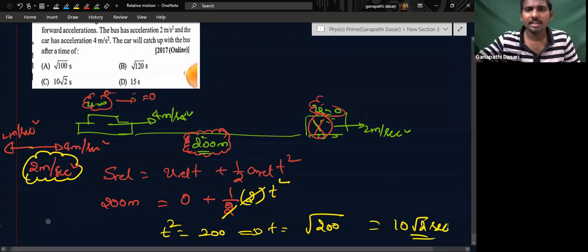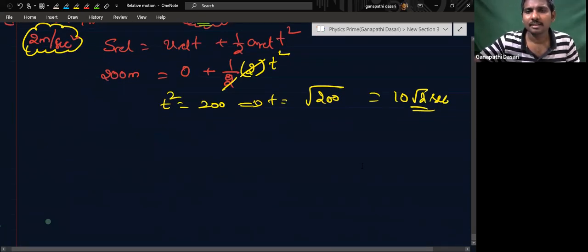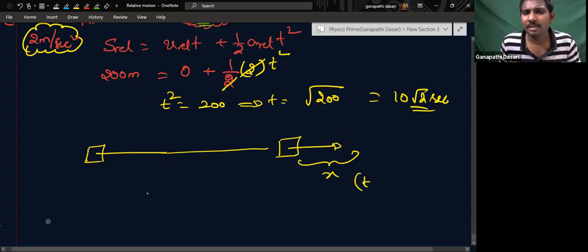Now, with relative motion this question has become very simple. In reality, if you want to solve this question, what will happen? In general, students who don't know the relative motion concept will assume that if the bus has traveled a distance of x in some time t, the car should travel 200 plus x, to catch it.